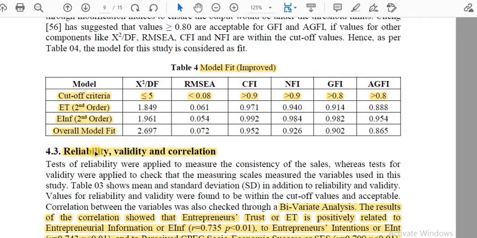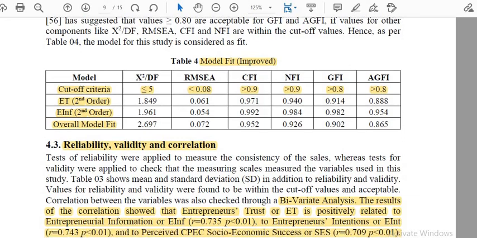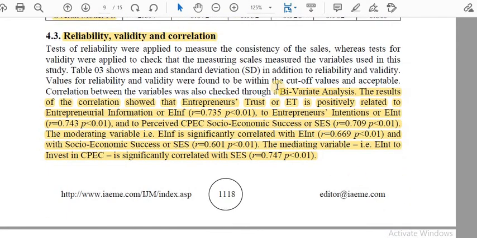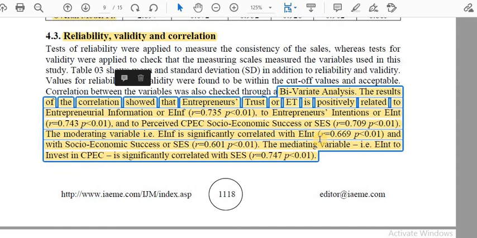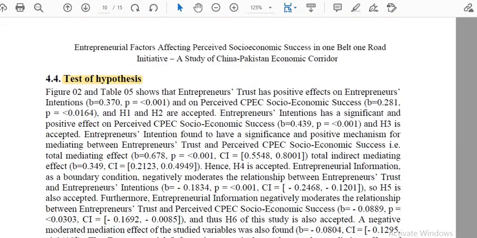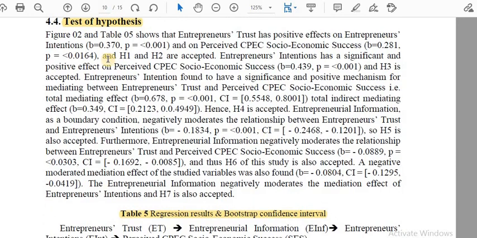And then I showed the reliability and validity, explained the table of reliability and validity, and I also showed the values of the correlation analysis. These are the tests I performed for the correlation among the variables, and this test is performed in SPSS.